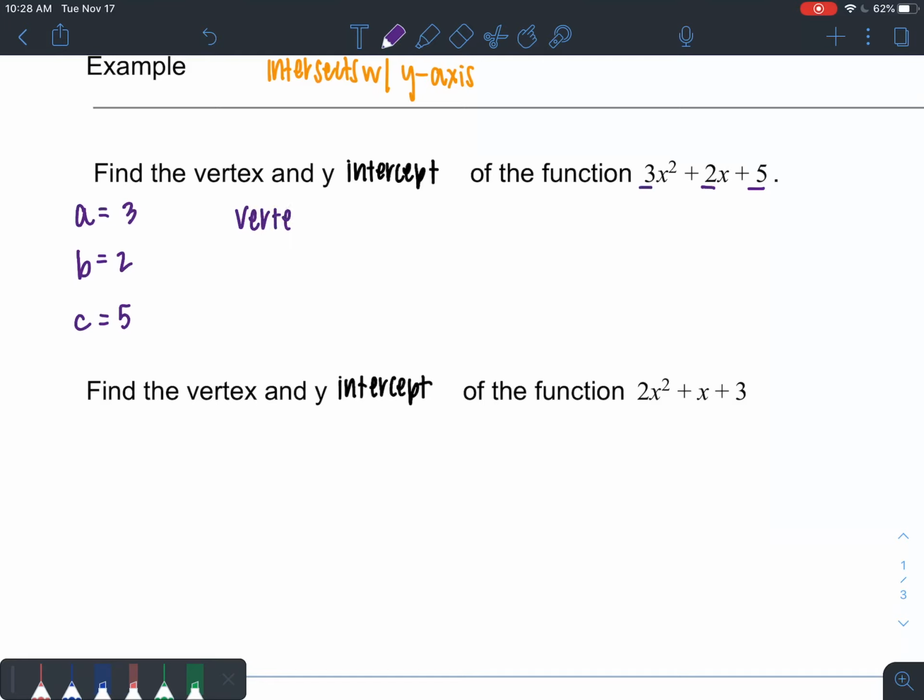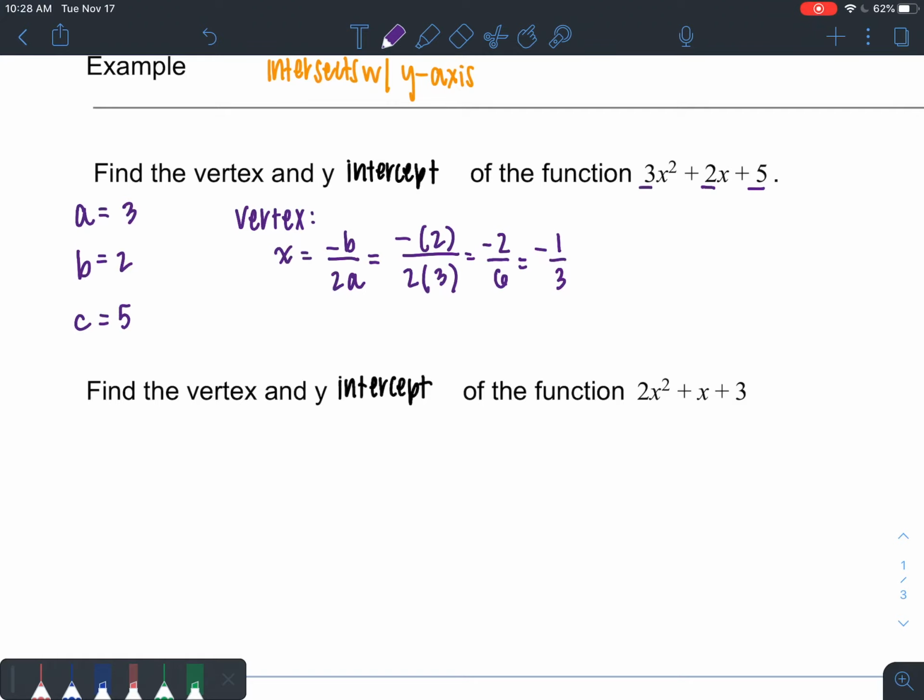To find the vertex, we need x equals negative b over 2a. Negative b, so we have negative 2 over 2, and a is equal to 3. So we get negative 2 over 6, or negative 1/3 as our x value.